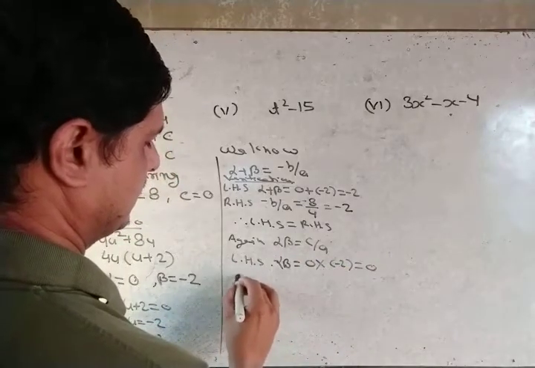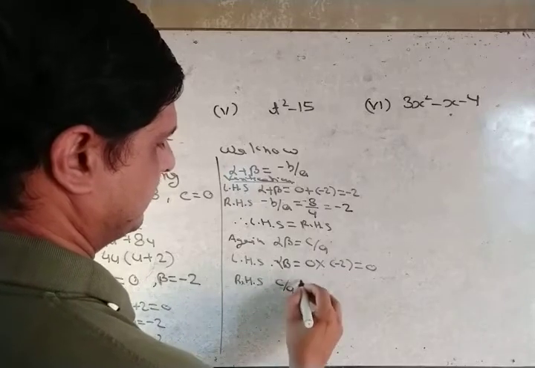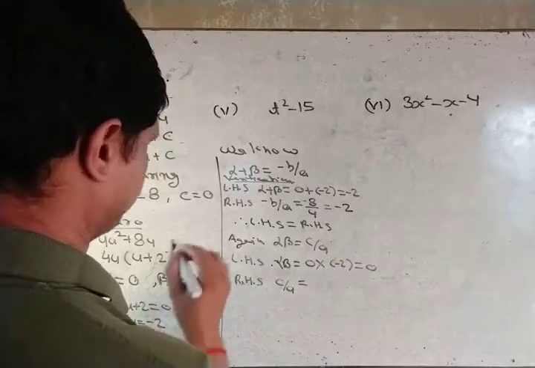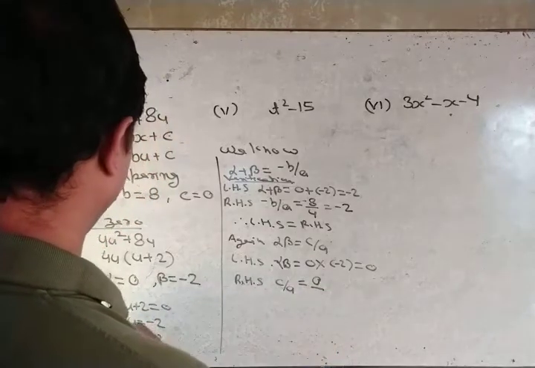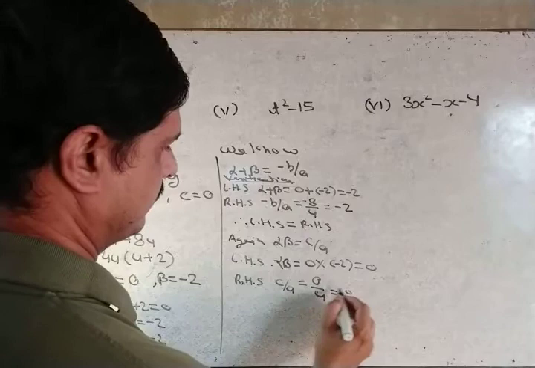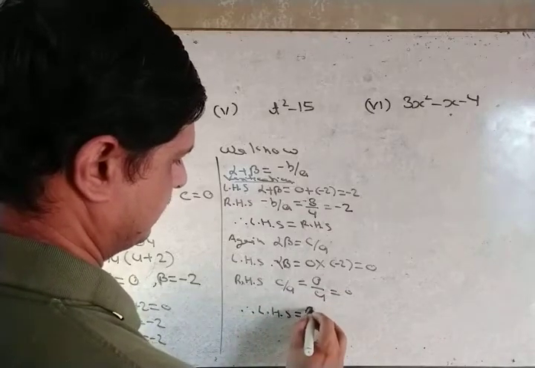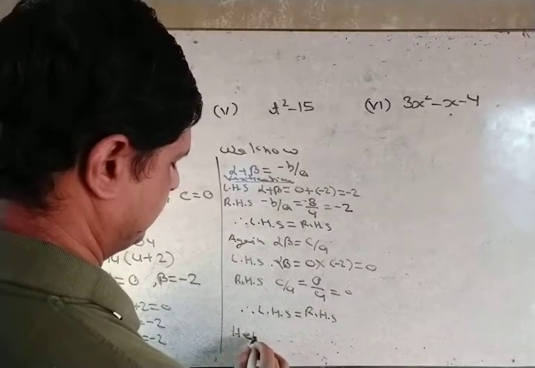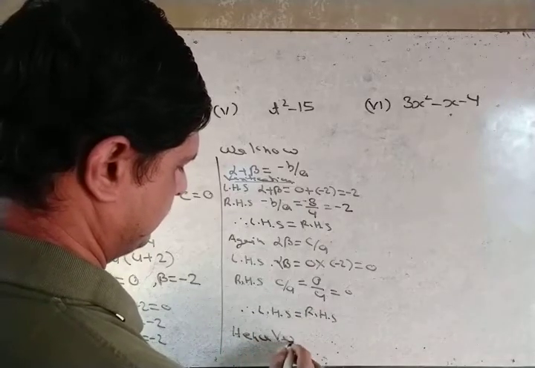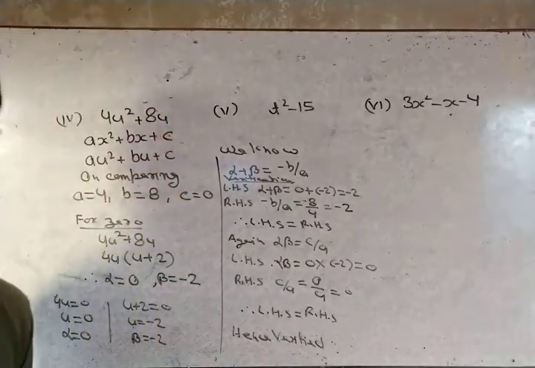And RHS c by a. C is 0 and a is 4. Therefore, LHS is equal to RHS. Hence verified. हमने निकाल लिया. So please pause the video and note it down.